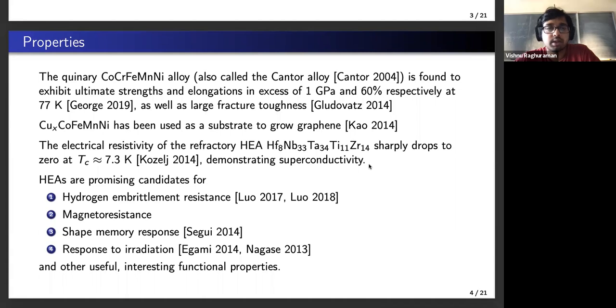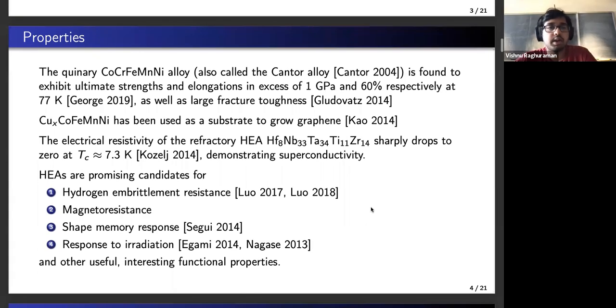There's a lot of research going on trying to synthesize suitable alloys, trying to find in what concentrations you need to put which elements to get the desirable properties. There are some examples here of functional properties that are very useful, where currently there's some research going on.